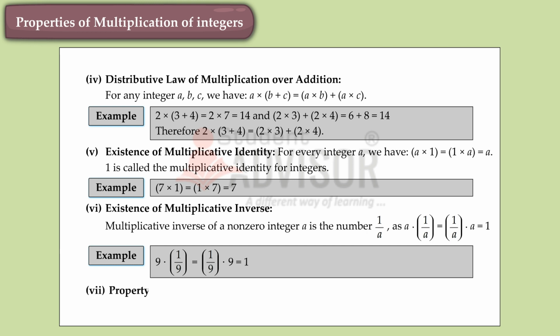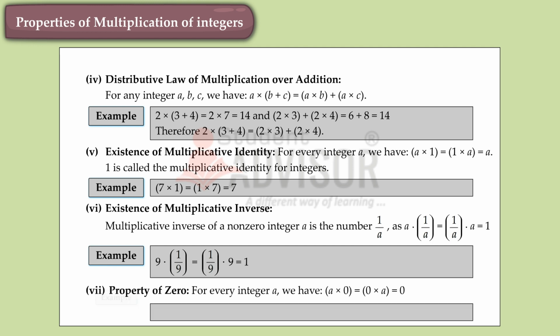Property of 0. For every integer a, we have a multiplied by 0 is equal to 0 multiplied by a is equal to 0. Study the given example.